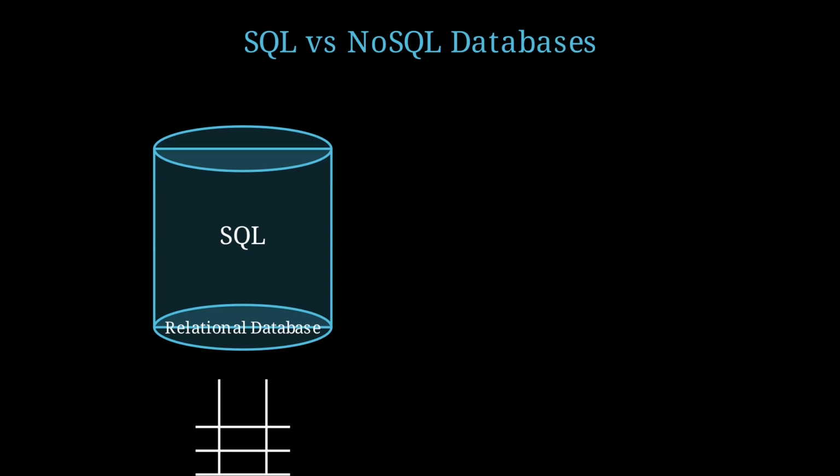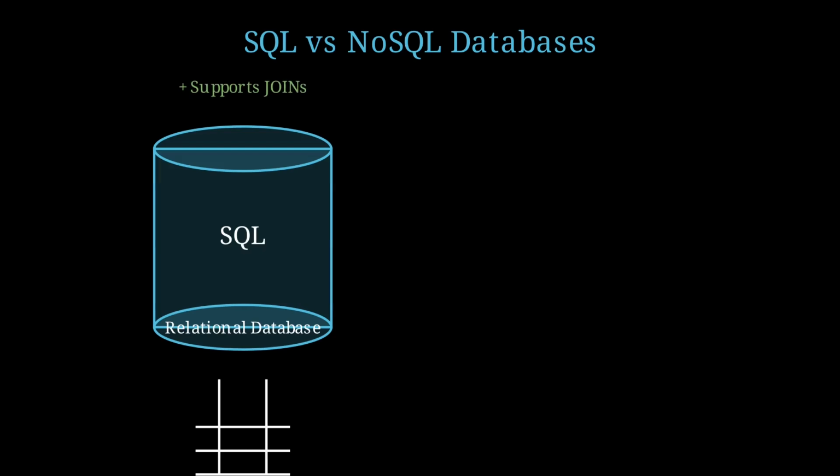That means we have to know the schema beforehand. In a relational database we store structured data. Data is maintained in rows and columns, and it also supports joins.